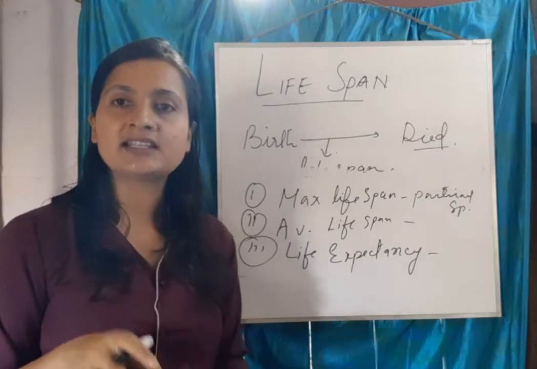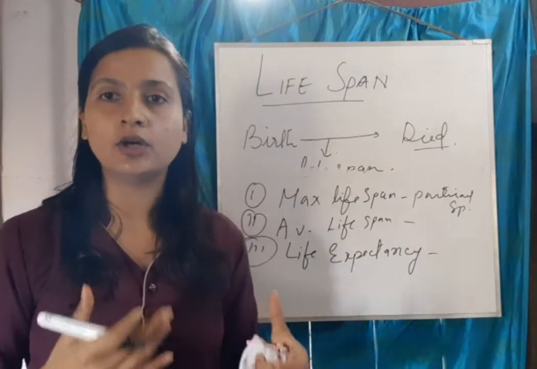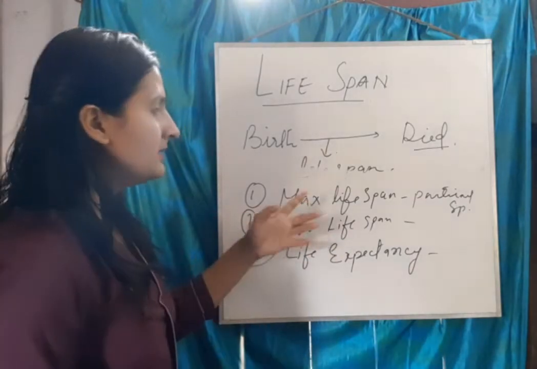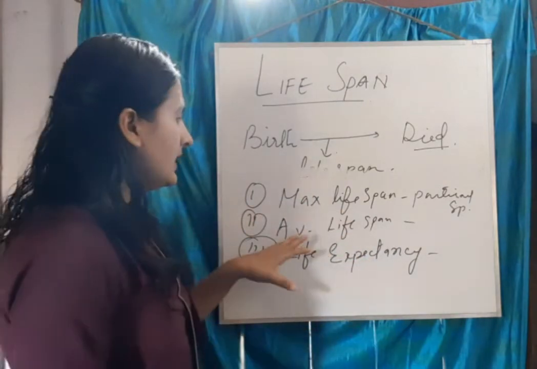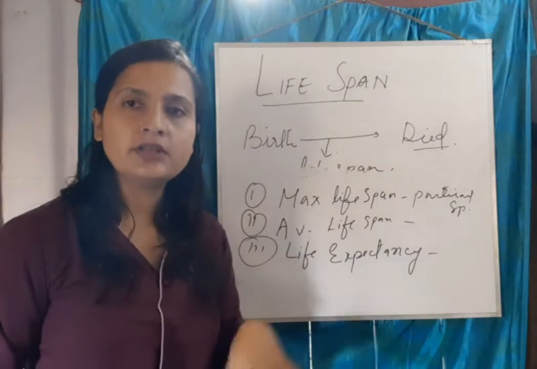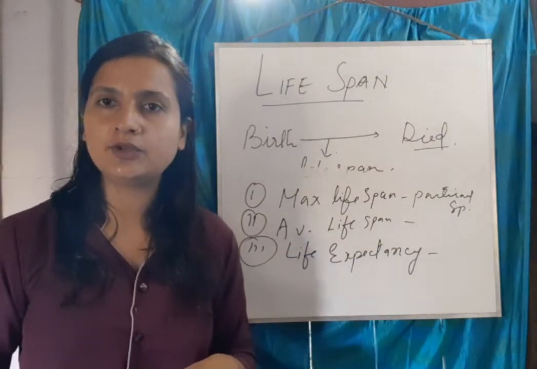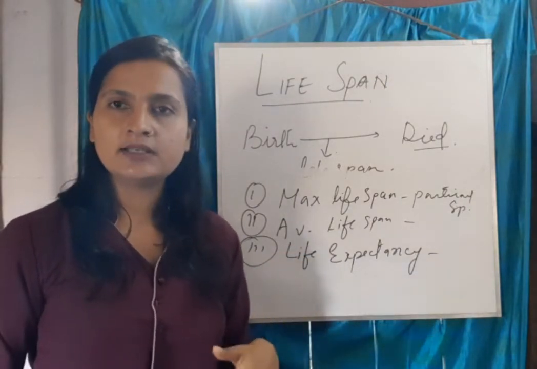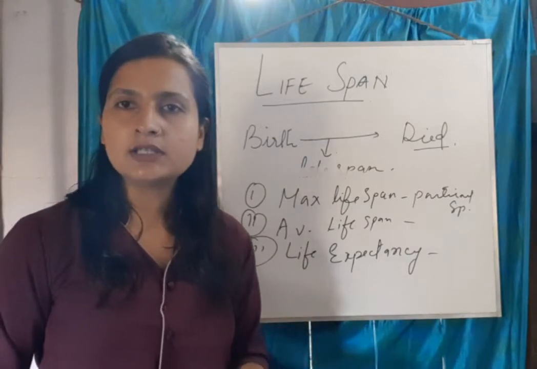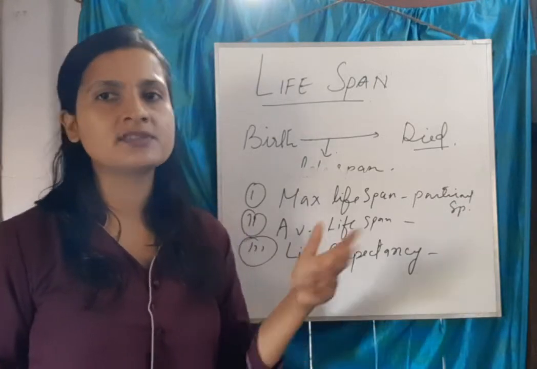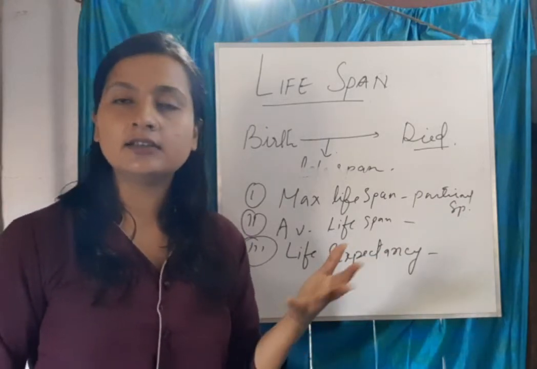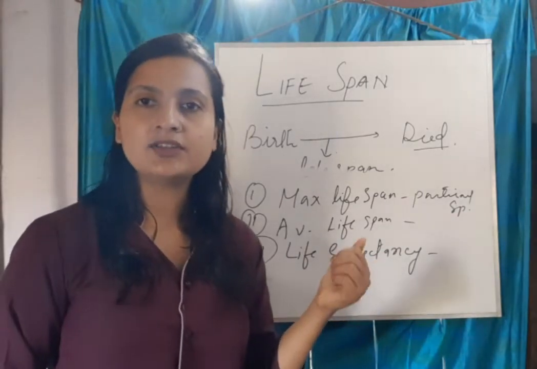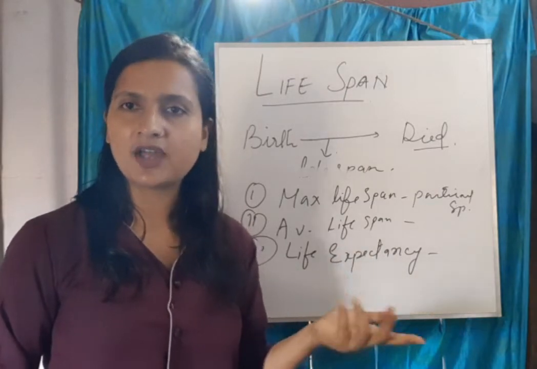Second is your average lifespan. Average lifespan is based on a population, not on an individual. Maximum lifespan is about an individual. Here average is for a population. Say for example, human beings. Some human beings survive for 40 years, some survive for 50 years, some survive for 60 years. And if you see different countries, the human beings' survival is different.